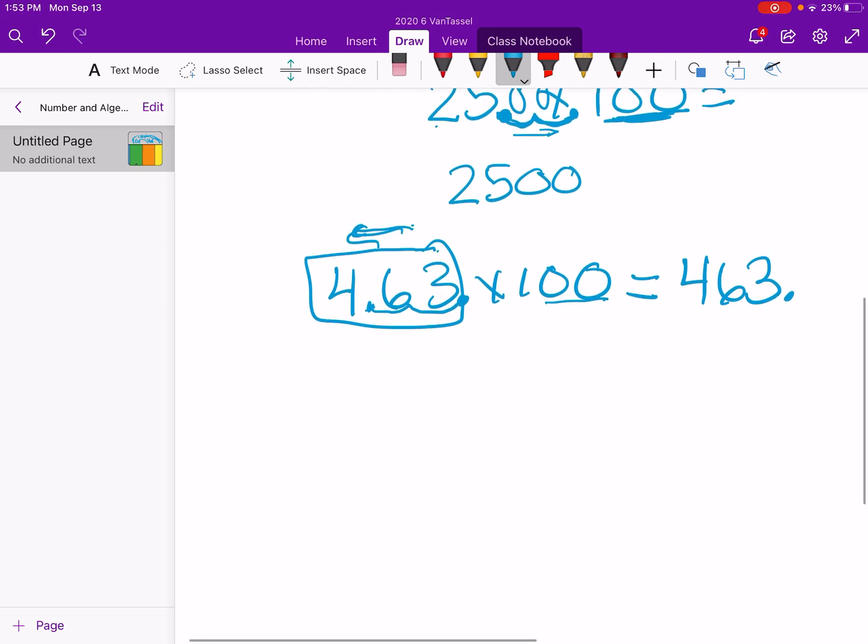Now, if I'm multiplying, let's say, 25 by, let's say, 100th, this means it's 100th of 25 is what we're trying to figure out. That's what 25 times 100th is. It means 100th of that 25.